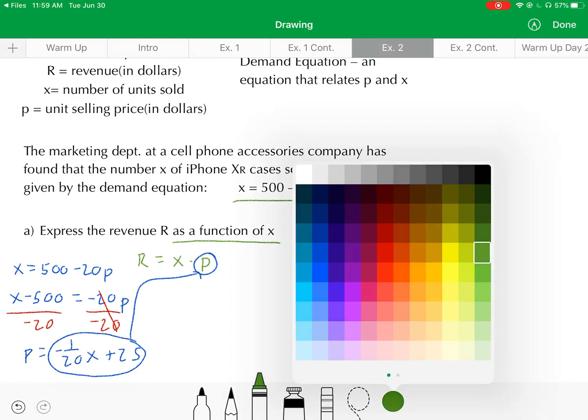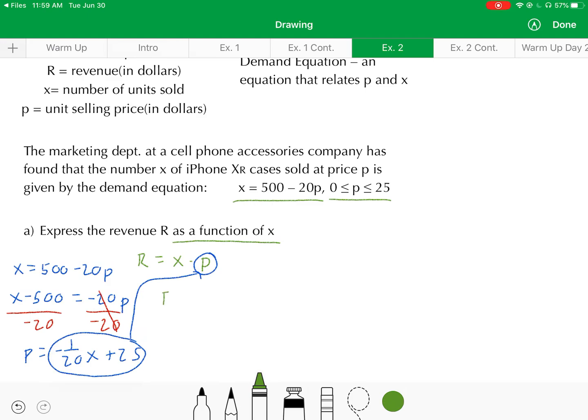Once I do that, I can treat this revenue as a function of X. So instead of just R, I can now say R of X is equal to X times negative 1/20th X plus 25. And then I'll just distribute that X through.